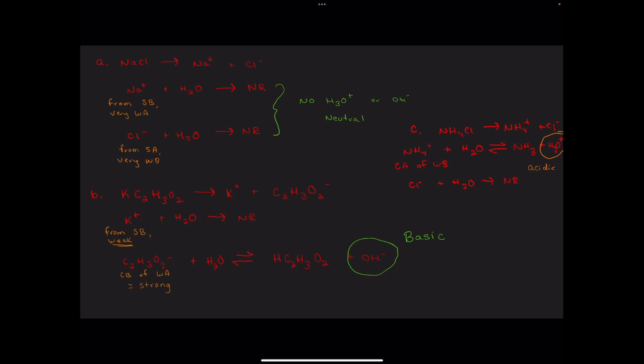So we would have to compare the K of our cation to the K of our anion. If the Ka is greater than Kb, our salt will be acidic. If Kb is greater, the salt will be basic. And if they're equal, then we're going to generate the same amount of hydronium and hydroxide, and my salt will be neutral.